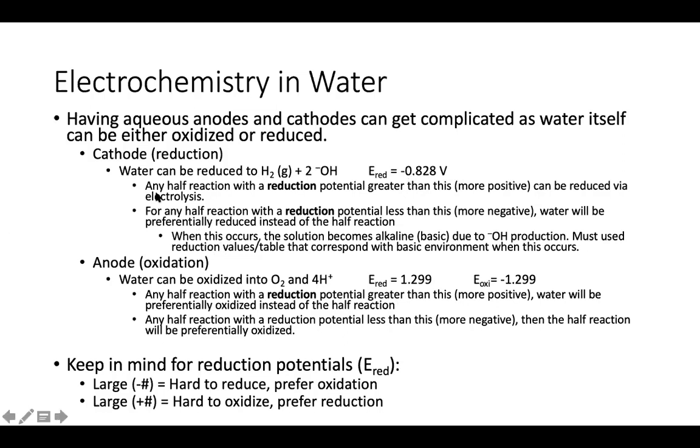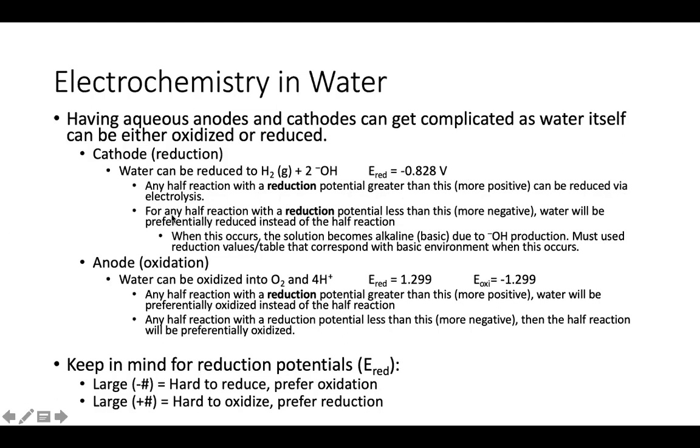For any half reaction with a reduction potential greater than this value, meaning more positive, even if the actual number is a smaller negative number, your half reaction will be reduced.